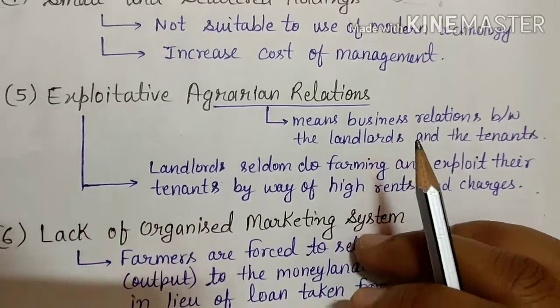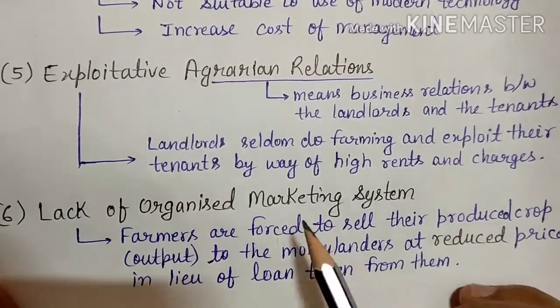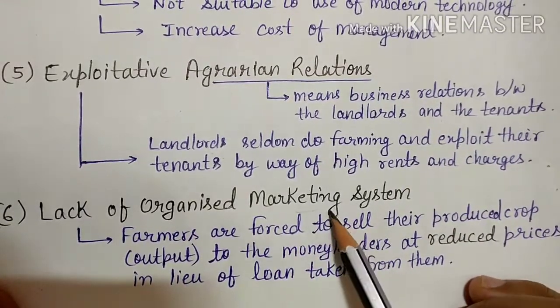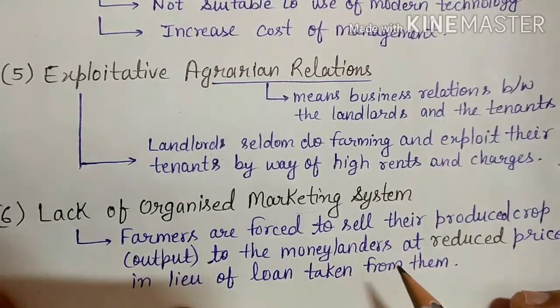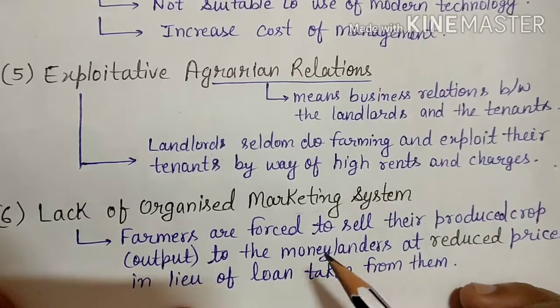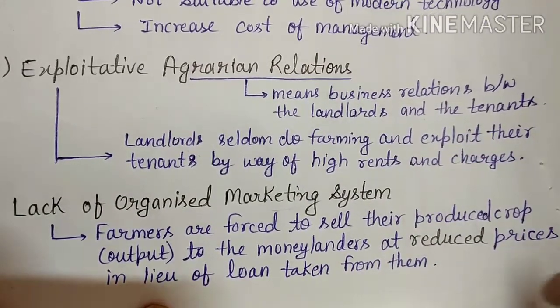Then comes what, lack of organized marketing system. Now why is there this marketing problem? As I already told, farmers are forced to sell their produce, or output, to the money lenders, because they have taken too much money as a loan from those money lenders.